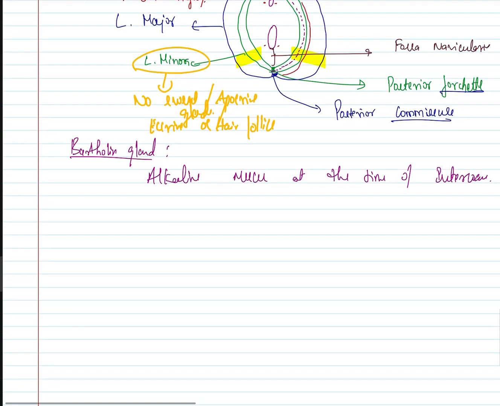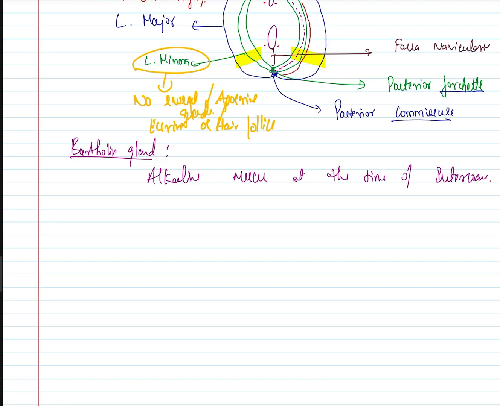Usually, if it is seen in people more than 40 years, or in postmenopausal women, or if it is a solid mass, then you should suspect some malignancy. Otherwise, if there is any swelling at the Bartholin's area, then you can examine and see if there is any pus collection. If there is pus collection and the patient is symptomatic with pain, tenderness and all, then you have to go for I and D, incision and drainage.